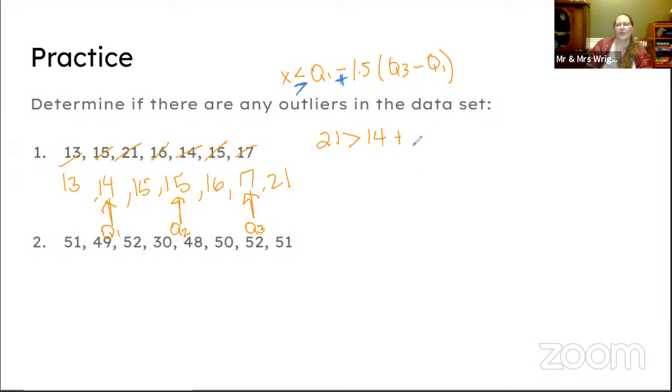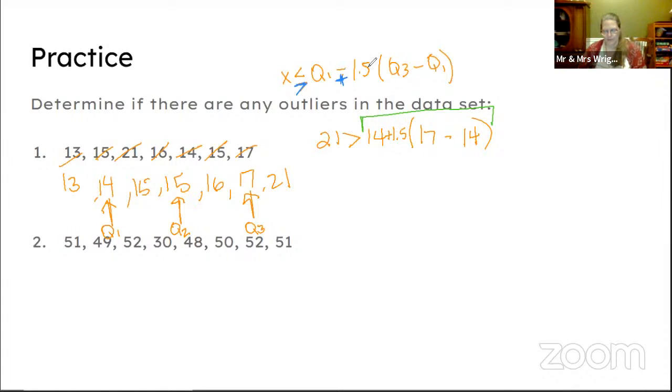Then quartile 3 is 17 minus quartile 1, which is 14. Again, I'm only going to put into my calculator the expression on the right side of the inequality. So 14 plus, oops, I forgot my 1.5. Have to copy the formula properly if you want the correct answer. 1.5 plus.